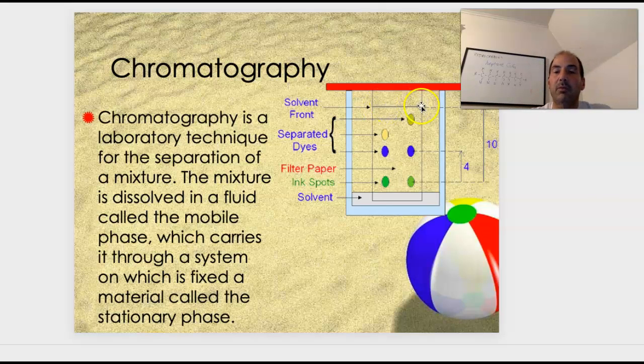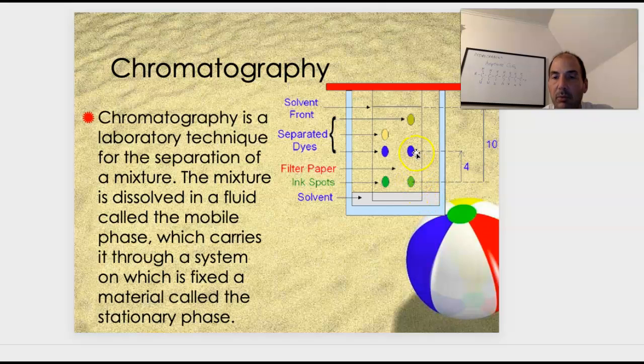So if the solvent was polar, I would say that this substance is pretty polar, where the blue is somewhat polar.